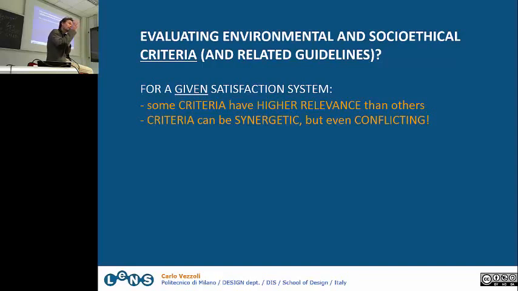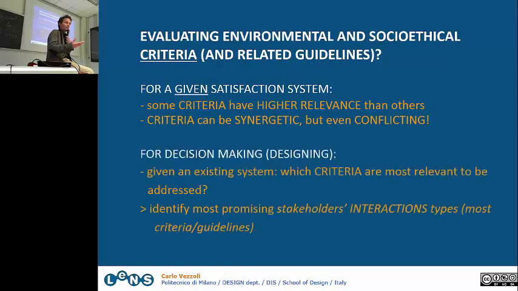So you have to understand for a given product which is the most important criterion to follow. The same is on a system level. You have to understand this, because then this will enable you to address your design efforts.